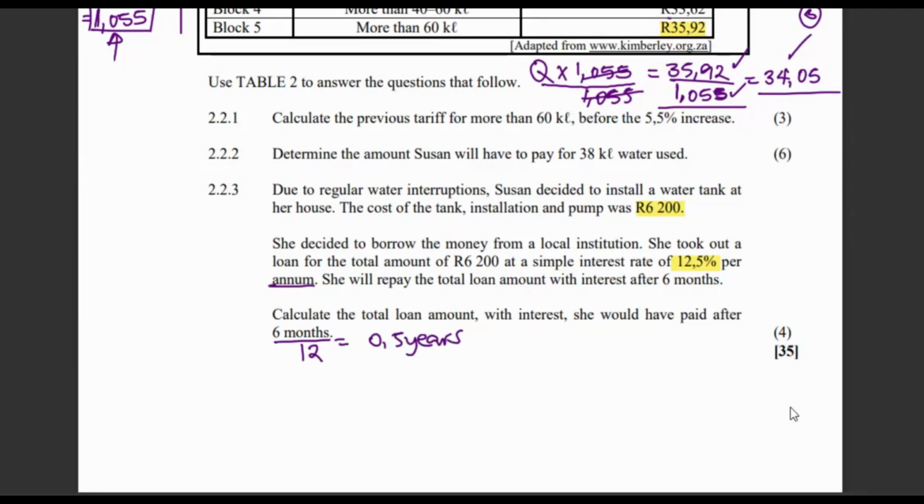You see? We take that 6,200 times 12.5% times 0.5, because it's the duration of the year that we are looking at.